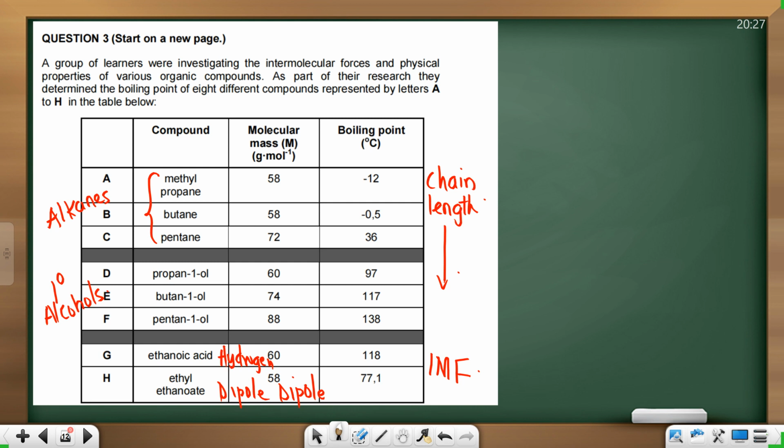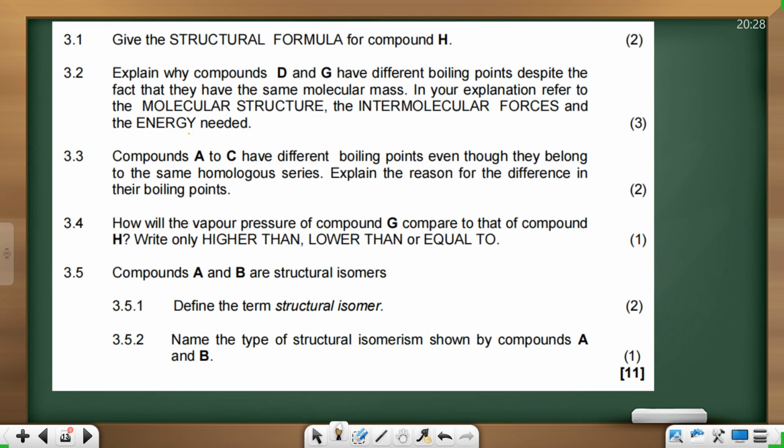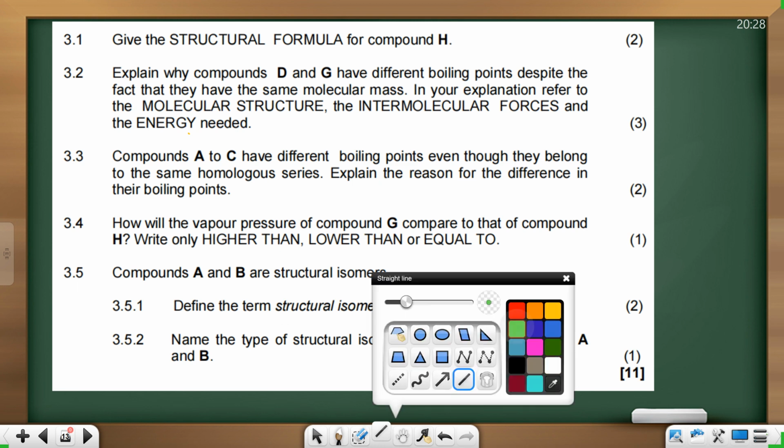The vapor pressure of G will be lower than that of H. Beautiful. Sophie, you are correct, but instead of just saying CAB, just write it like that, from A to C, and save some time. So we all agree it will be lower than.